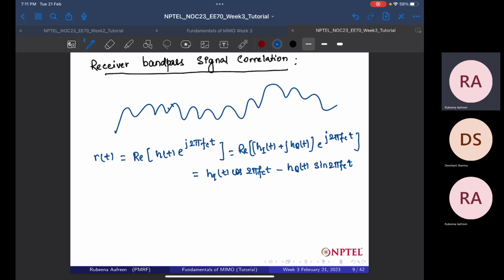What is the formula for correlation? If I write it as phi r of delta t, this would be expectation of R(t) into R of t plus delta t. Right. So now we will put the values.